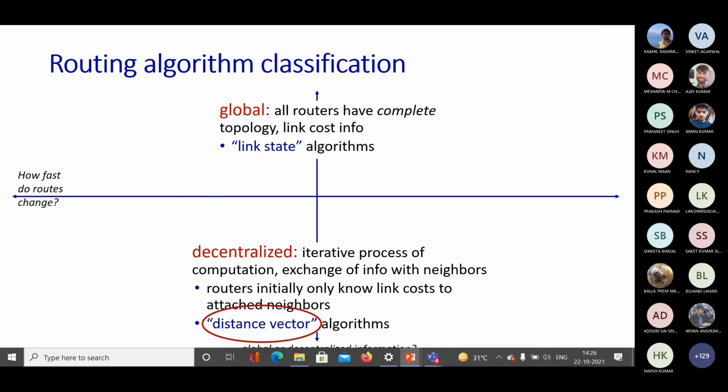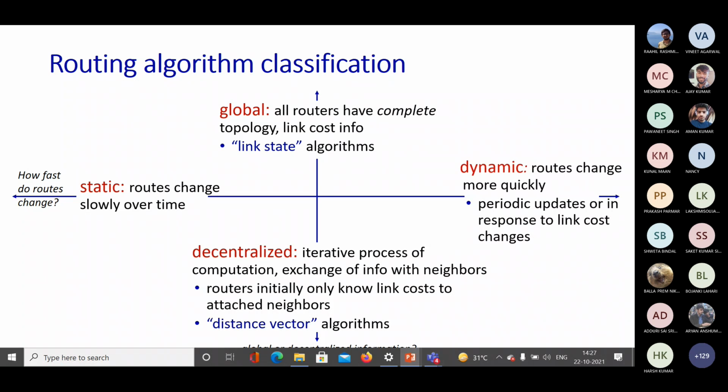Link state algorithms are those algorithms where the state of the entire network is known to all the hosts belonging to the particular network. Every host knows about the state of every other host in the network. If you think there is a centralized control, in this situation every host can know every other host's information. So that is a link state algorithm.